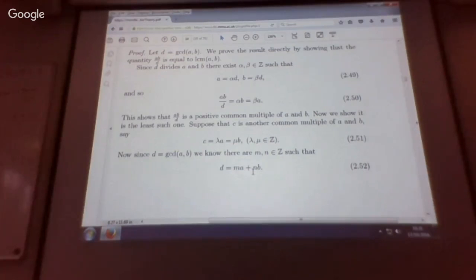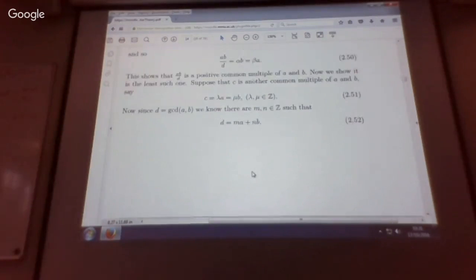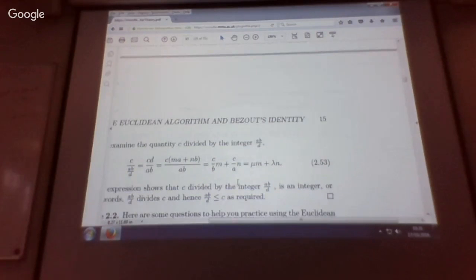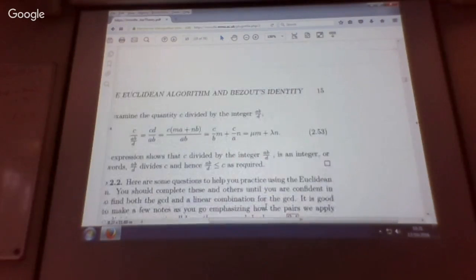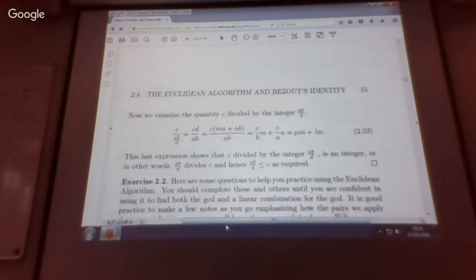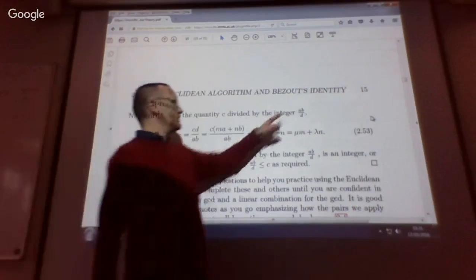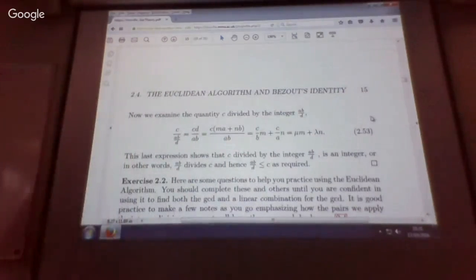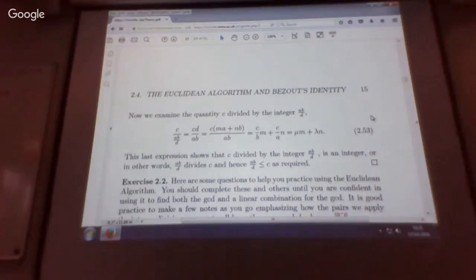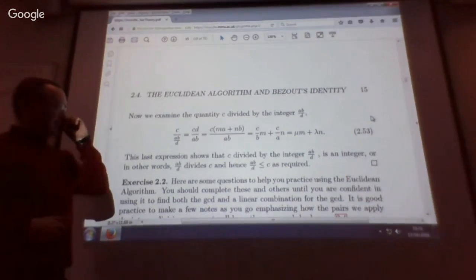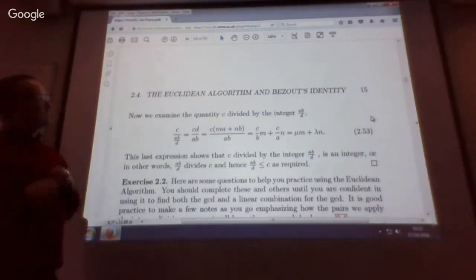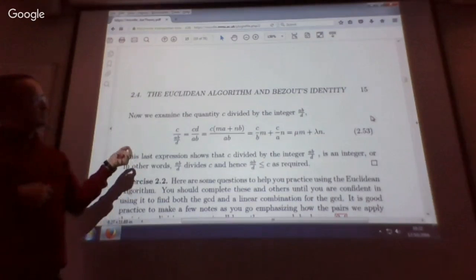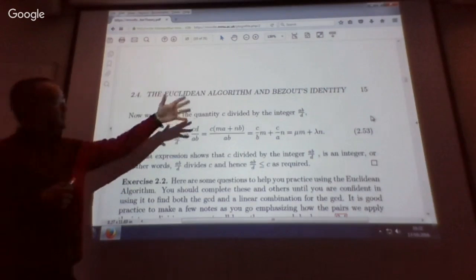Now I'm trying to prove that AB over D is smaller than C. And the way I'm going to show that is that it divides C. So now I say we examine the quantity C divided by the integer AB over D. We already know AB over D is an integer. It's equal to alpha beta D, alpha D or beta D. So AB over D is an integer.